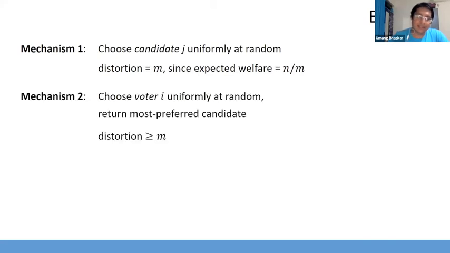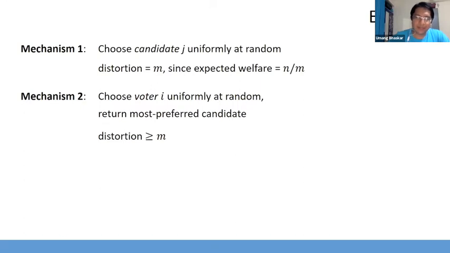The second mechanism does something a little more interesting. Both of these mechanisms were shown by Iris as well in his talk. It picks a voter i uniformly at random. It then looks at the most preferred candidate for this voter and just returns that candidate.